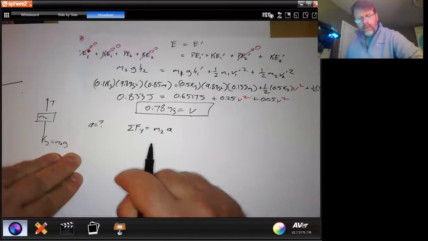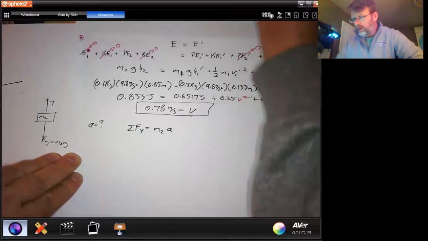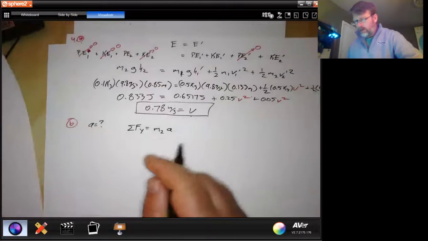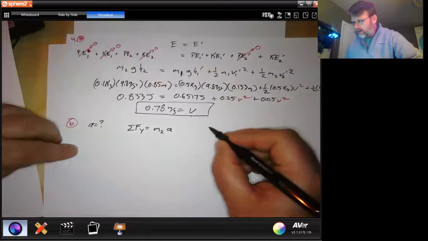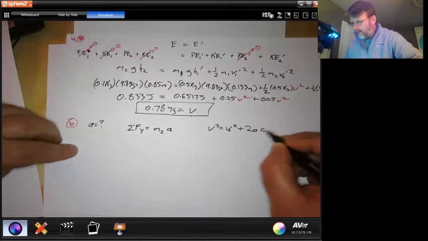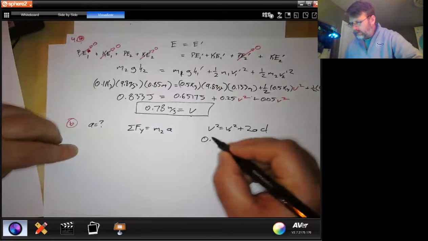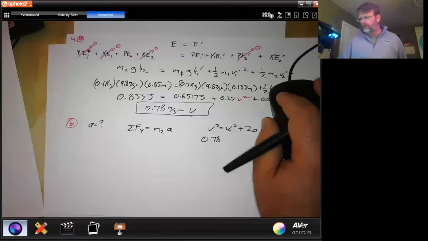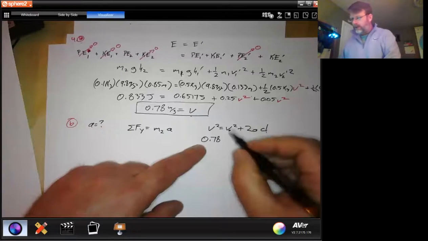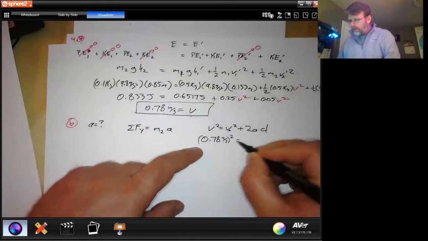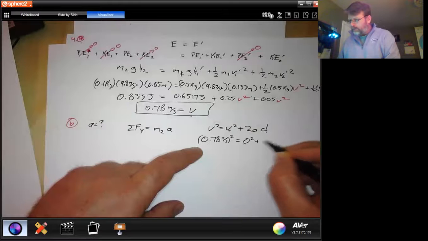That will get us there, but I think we're getting ahead of ourselves, because we just want to know the acceleration of the system. We're going to save this for part C. Right now, we can just do the same thing we did before. We had 0.78 as our final velocity, and initial velocity.